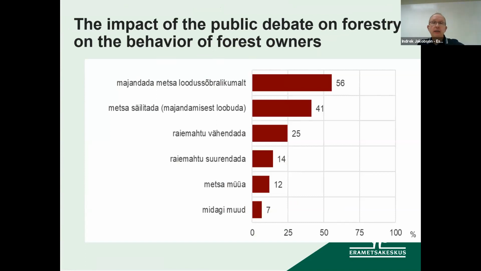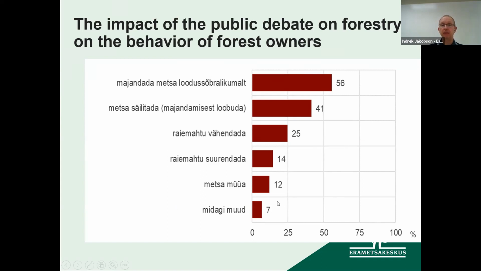And here is one slide about the result of the public debate on forestry. The main result, what forest owners say after these long discussions, is to manage the forest more eco-friendly or nature-friendly.